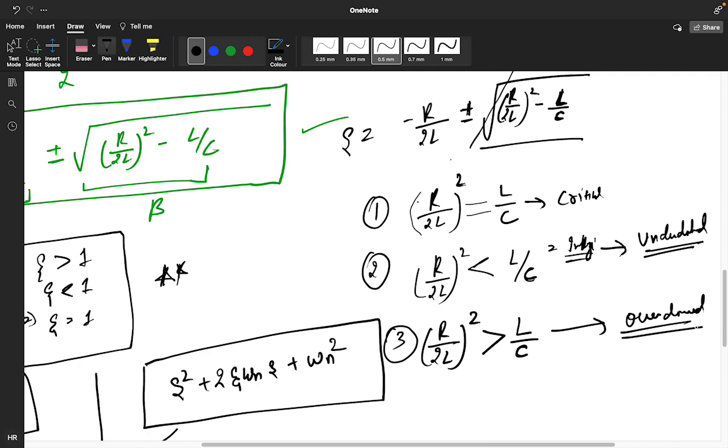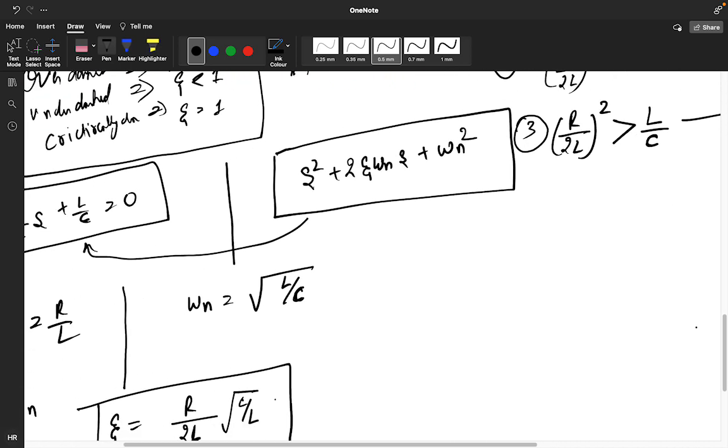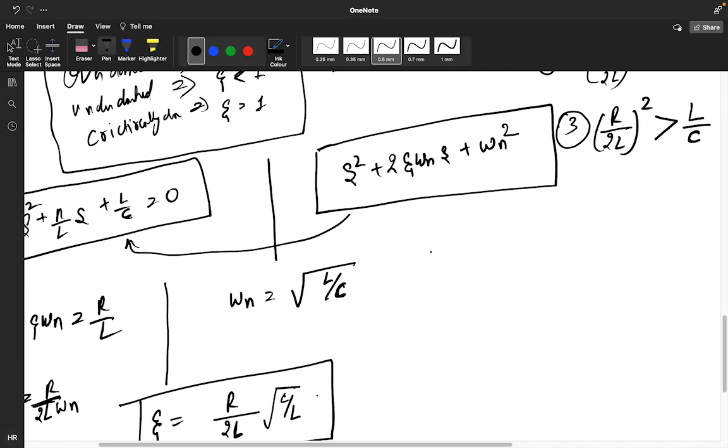Or you can do it like this also for finding overdamped or underdamped. You can use the standard equation s square plus 2 zeta omega n s plus omega n the whole square, and for the RLC circuit network, s square plus R by L s plus 1 by LC equals 0.